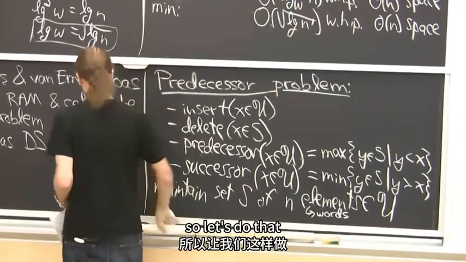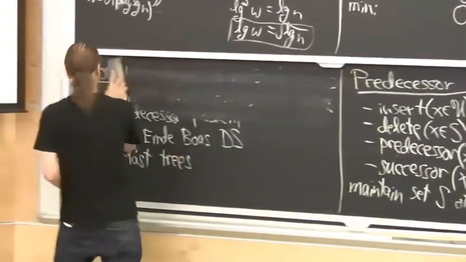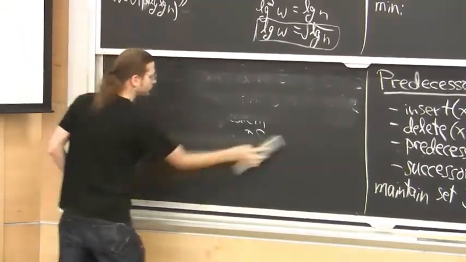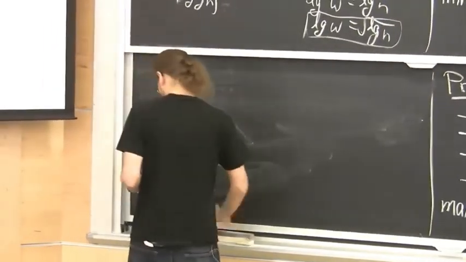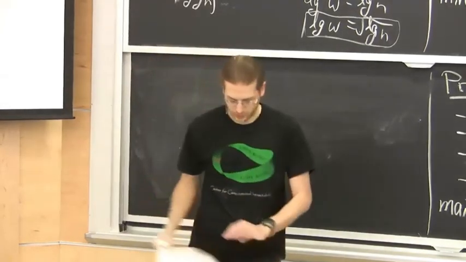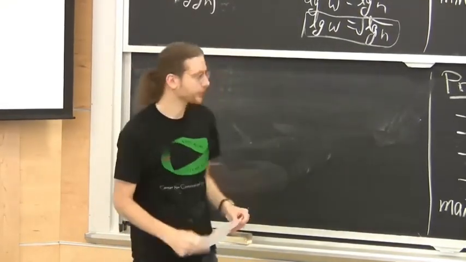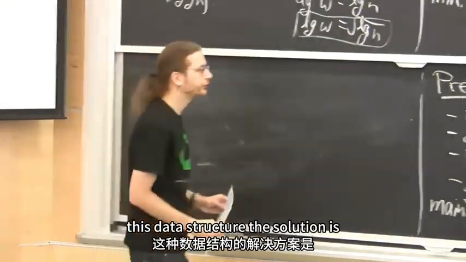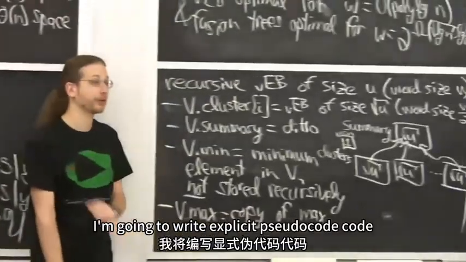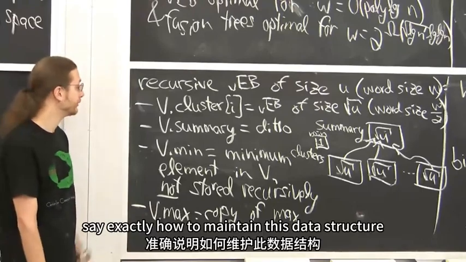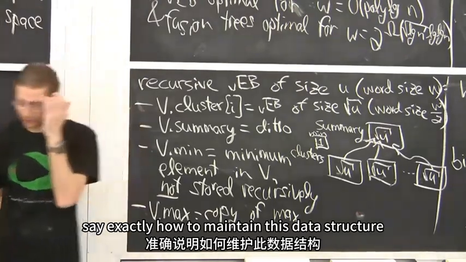So let's do that. This data structure, the solution is both simple and a little bit subtle. And so this will be one of the few times I'm going to write explicit pseudocode, say exactly how to maintain this data structure.